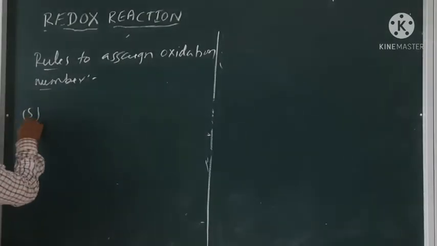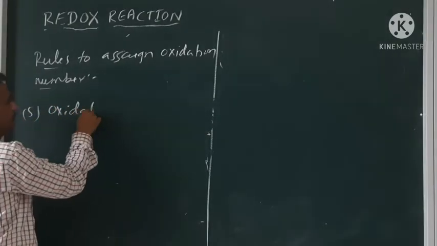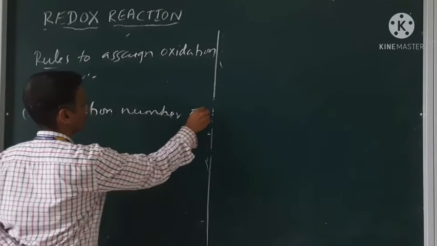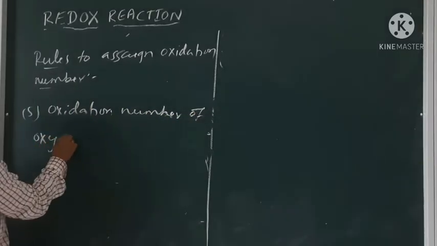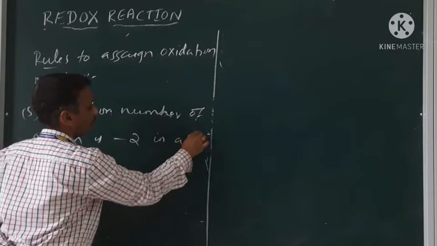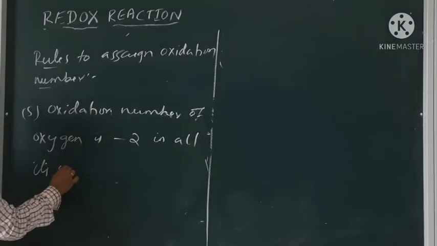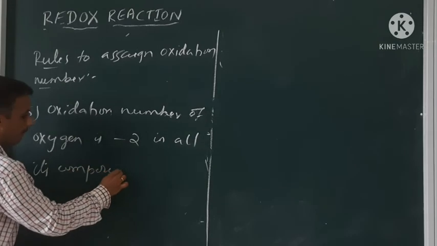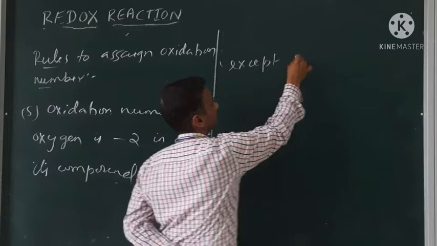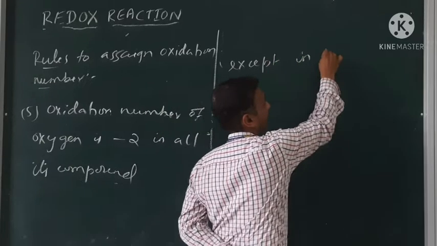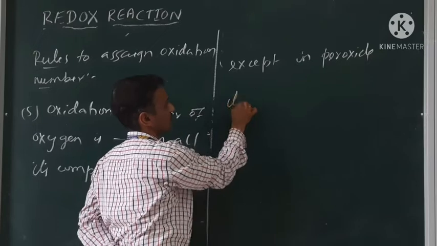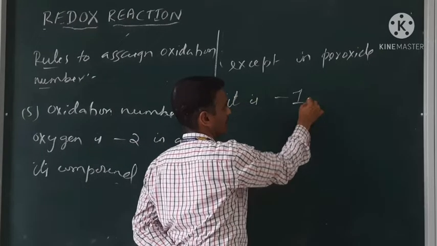See, fifth one, oxidation number of oxygen is minus 2 in all its compounds, except, remember, except in peroxide. It is minus 1.